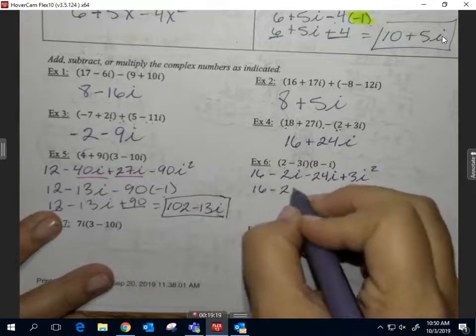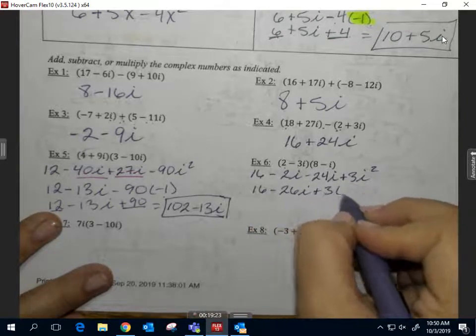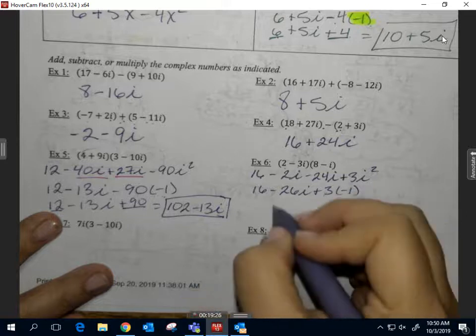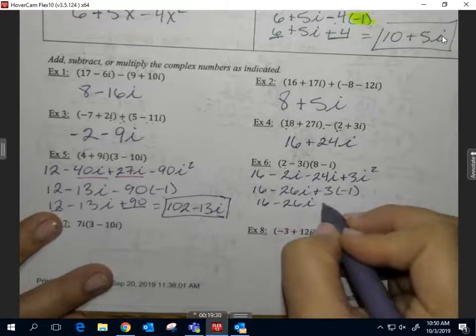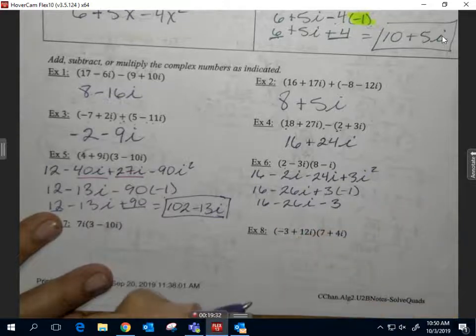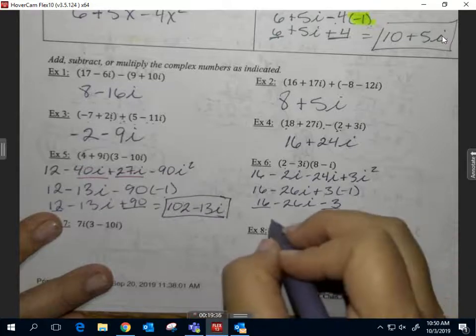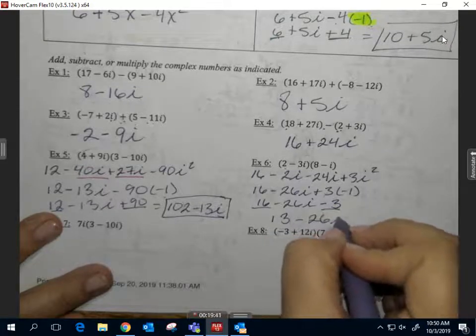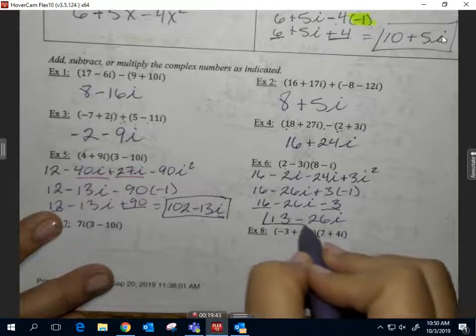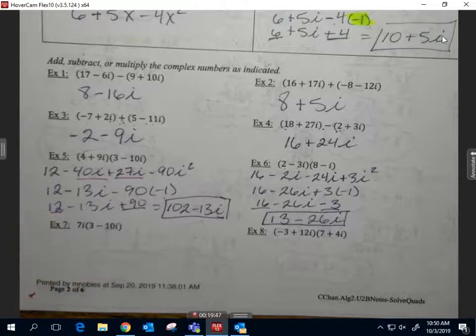So we have negative 26i in the middle now, plus 3 times negative 1. So I have 16 minus 26i minus 3. Combine these like terms, and I end up getting 13 minus 26i. Good? A little fast, but yeah.